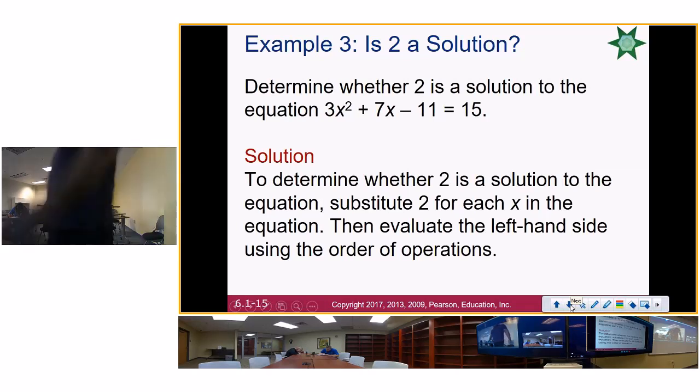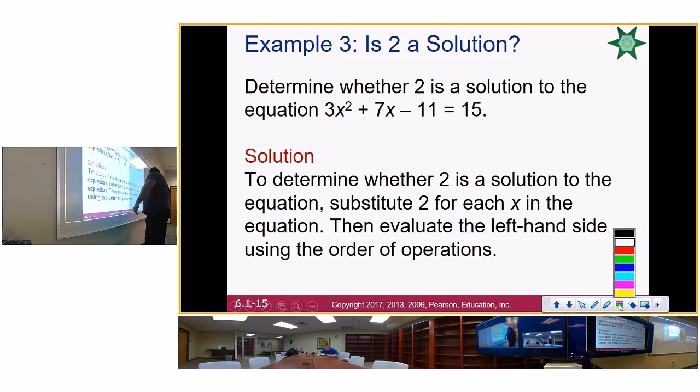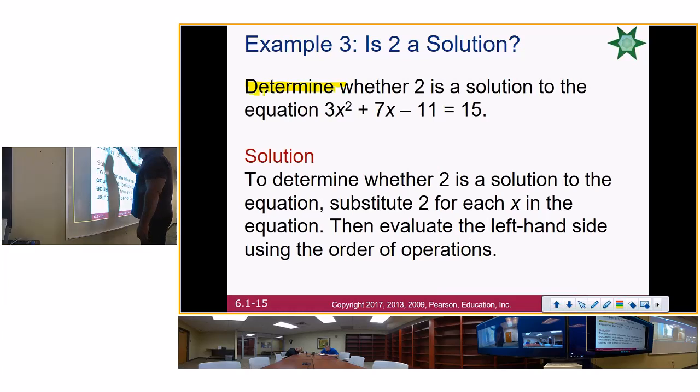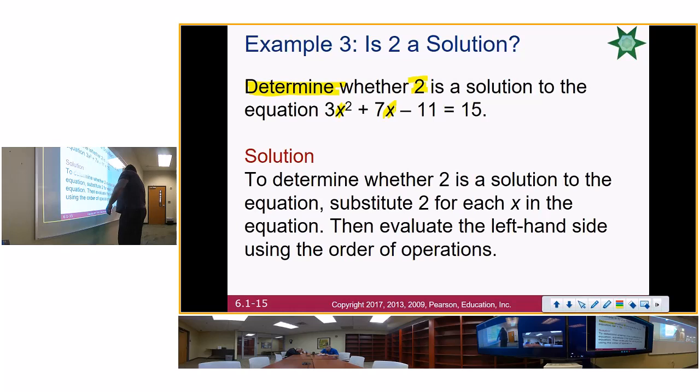So if I told y'all that determine means plug and chug, then what are you going to plug in? You're going to plug 2 in wherever there's an x. If it comes out true, then it's a solution. If it comes out false, it's not a solution.